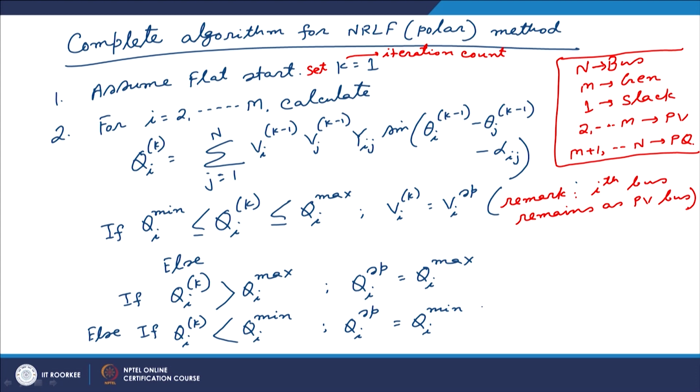It would only be able to absorb a value equal to Q i min. So, in that case the specified value of the reactive power at the ith generator terminal would be equal to Q i min.